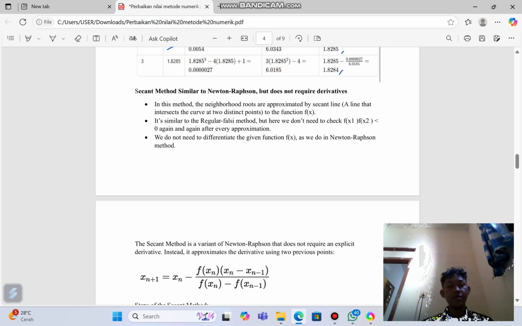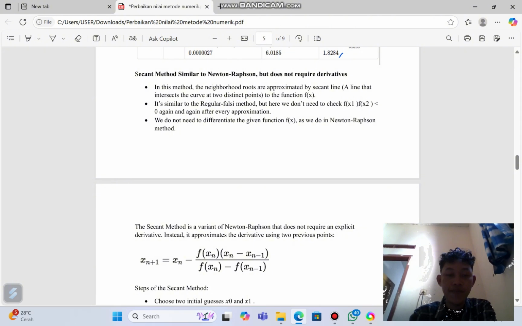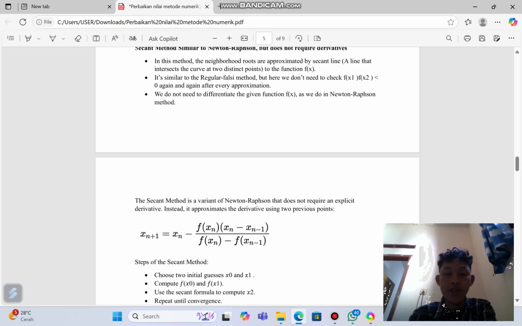Next, for secant method, it's similar to Newton-Raphson method, but does not require derivatives. In this method, the neighborhood roots are approximated by a secant line, a line that intersects the curve at two distinct points of the function f(x).